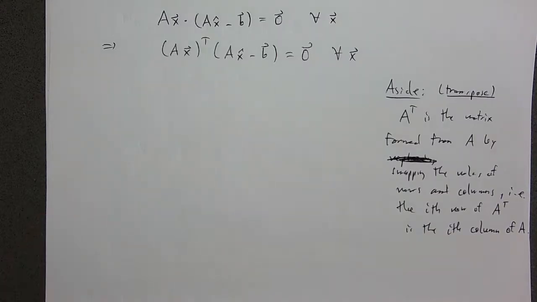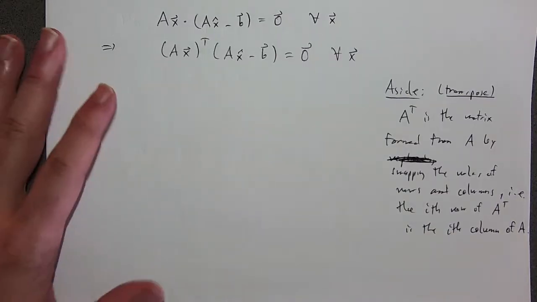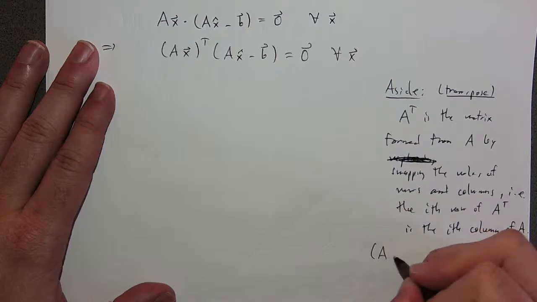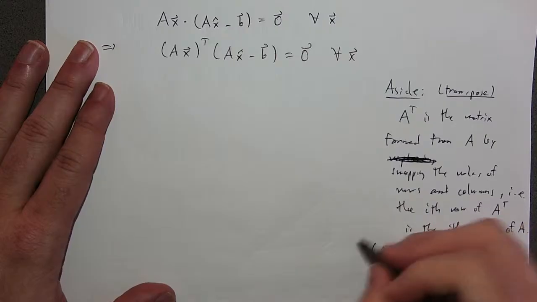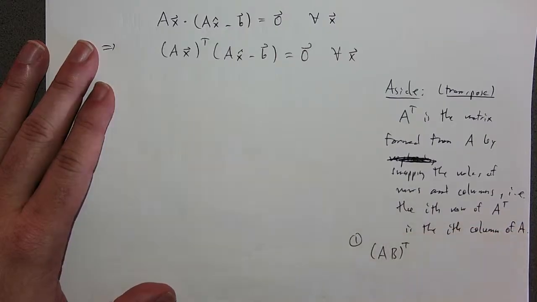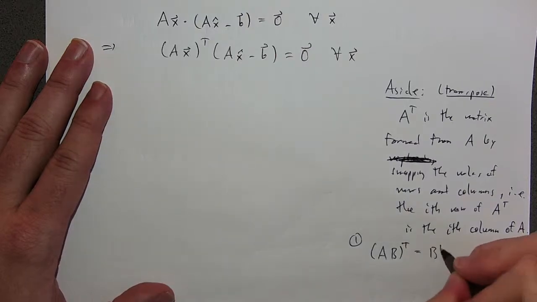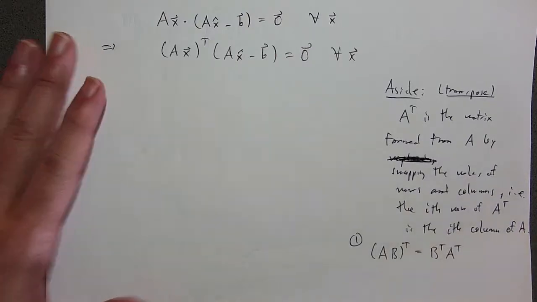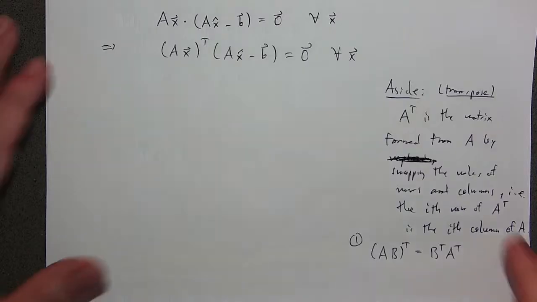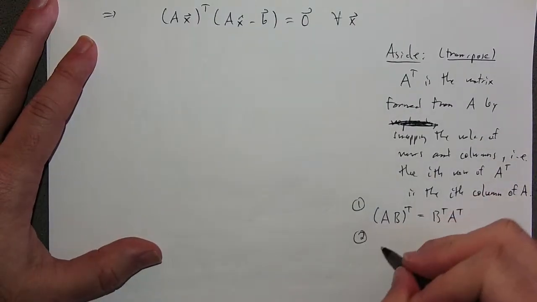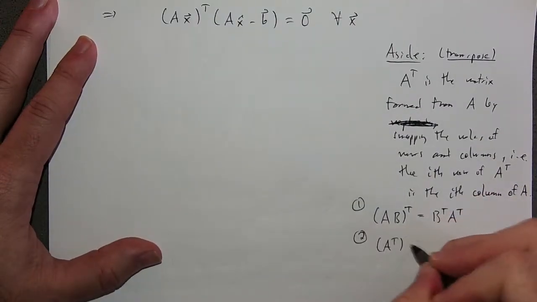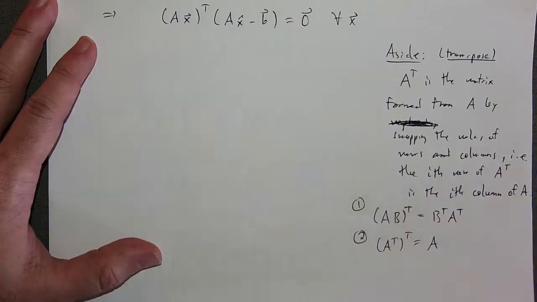Here's a fact about the transpose: it reverses the order of matrix products. Another property of the transpose is that the transpose of the transpose is the matrix itself.